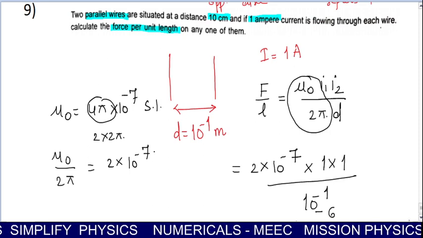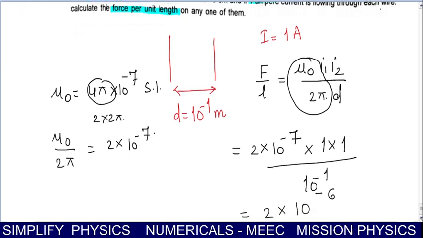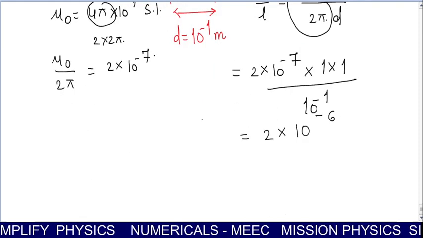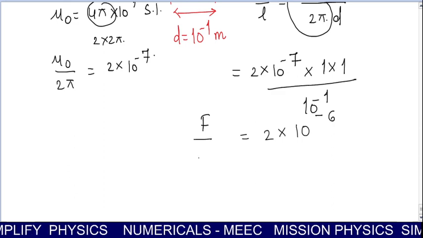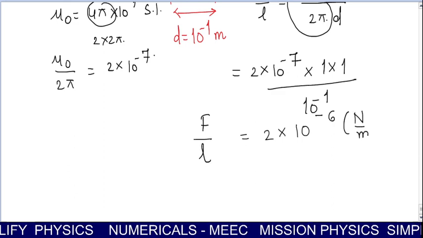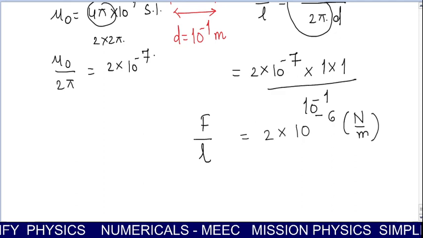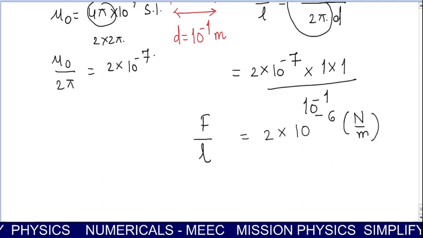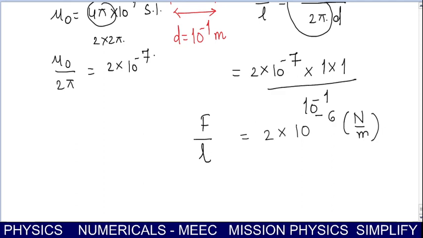The current is 1 ampere. So the answer will be 2 into 10 to the power minus 6. And the unit of force per unit length will be Newton per meter. And if it were only force, then we would check the unit as Newton.